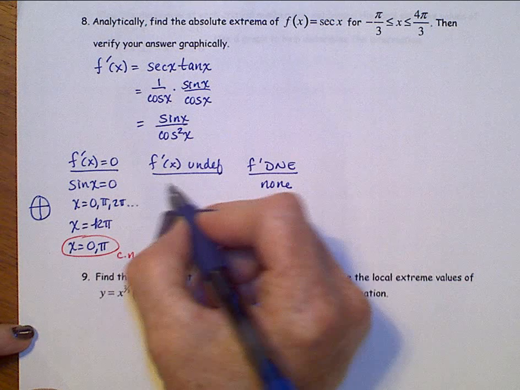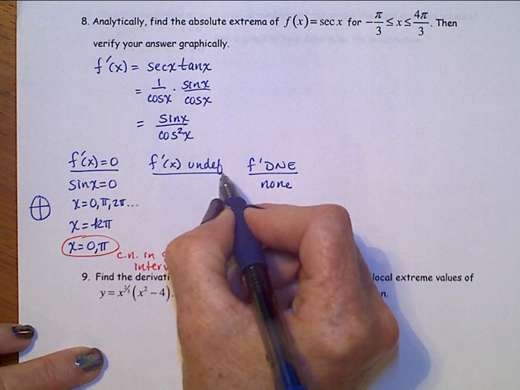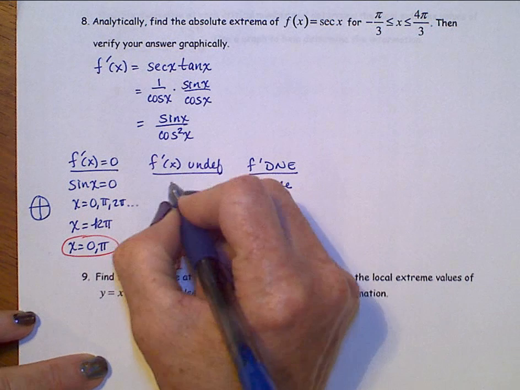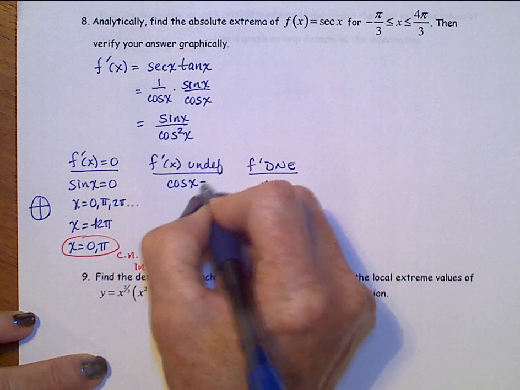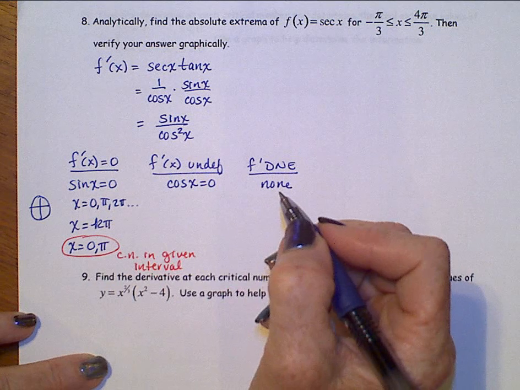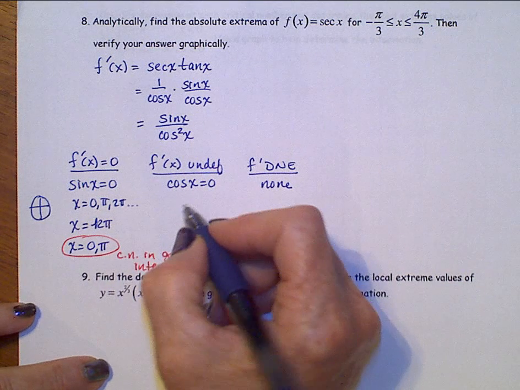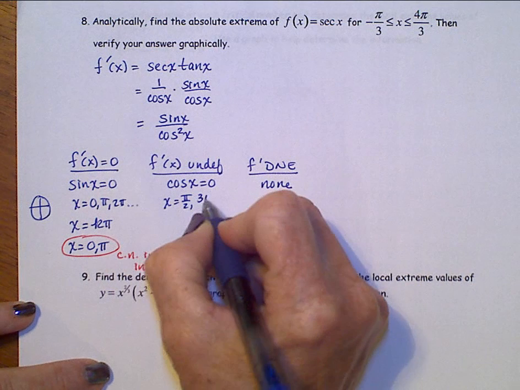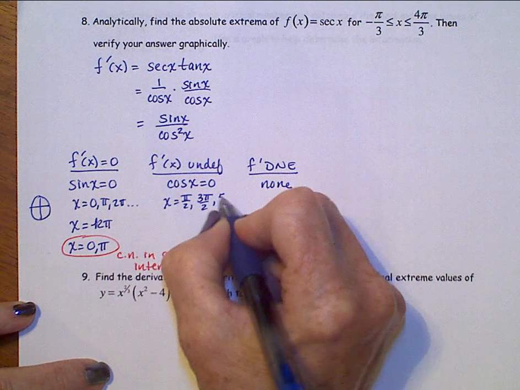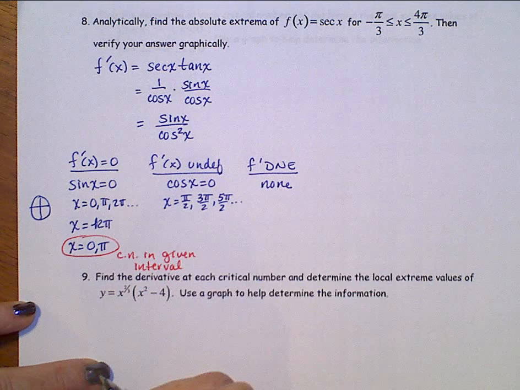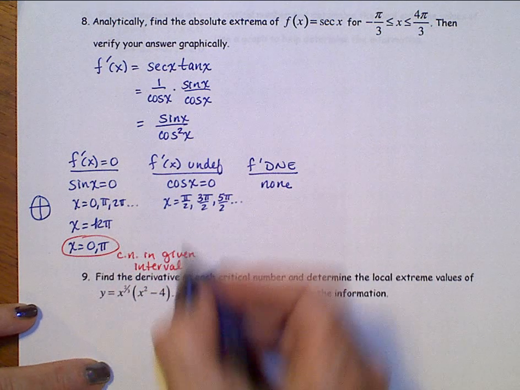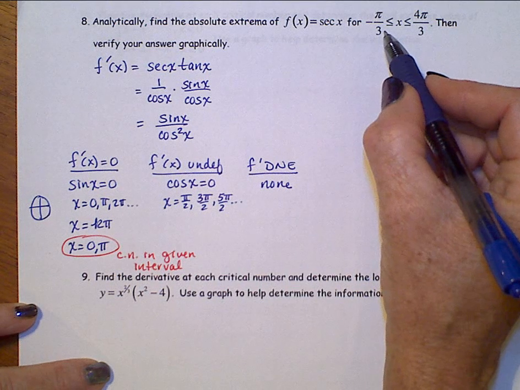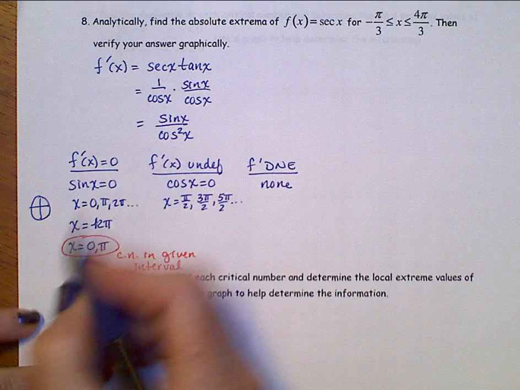All right, now let's find where f prime of x is undefined. That's going to be where the denominator is equal to 0, where cosine is equal to 0. Cosine is equal to 0 at pi over 2, 3 pi over 2, 5 pi over 2, etc. Negatives of those as well. In this interval, which ones? From negative pi over 3 up to 4 pi over 3.